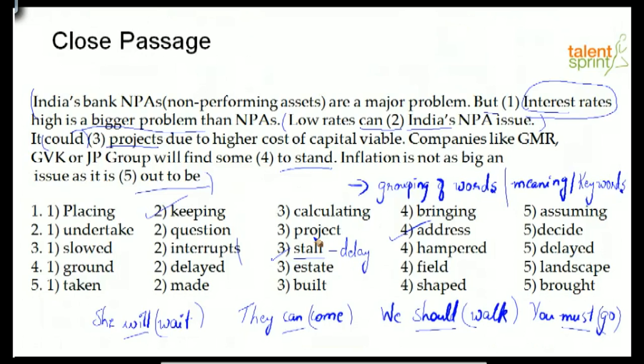I want you to pay attention to the strategies that we're using to identify the answer for each blank, right? I want you to keep that in mind, because we are going to use that to look at other questions. Let's move on to our fourth and fifth blank. Companies like GMR, GVK or JP Group will find some dash to stand.